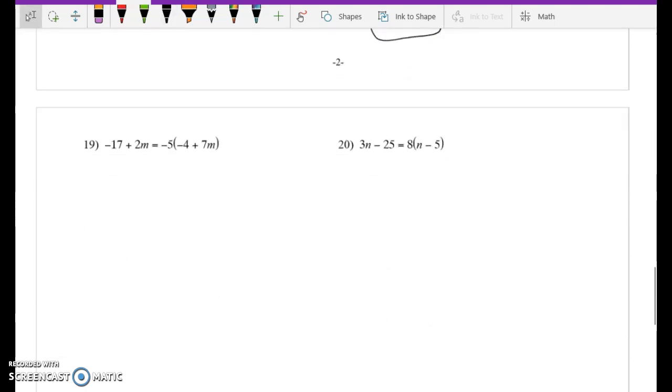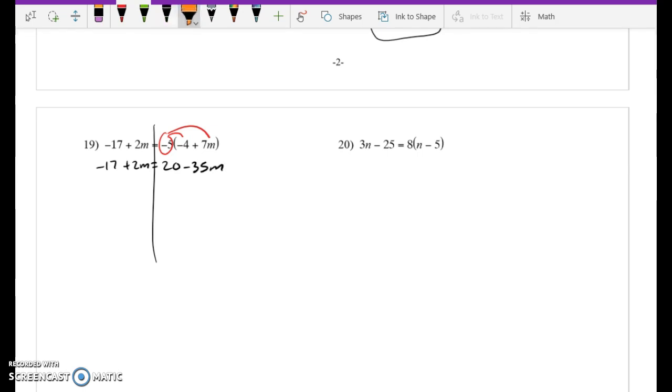All right, I got 2 questions left. Both of them have the distributive property because they have the parentheses. I distribute first. I draw my line. Negative 17 plus 2m equals 20 minus 35m.